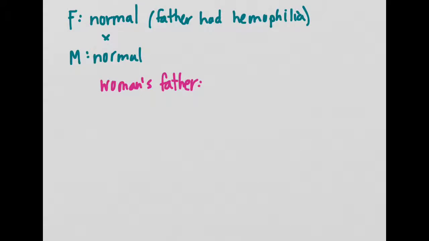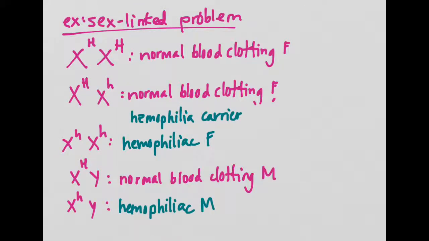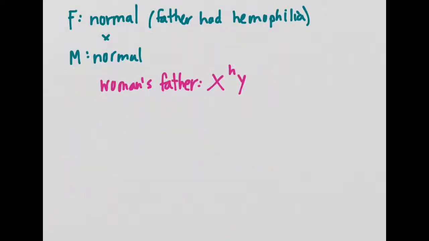So let's first find the genotype of the woman's father. If we go back and look, we know that for males, if they are hemophiliacs, the only possible genotype they can have is right here. Then let's find the genotype of the woman. We know that she inherited an allele from him that had the hemophilia on it, so she'll have at least one little h, but she won't have two because she herself doesn't have hemophilia, so she'll have a big H allele.